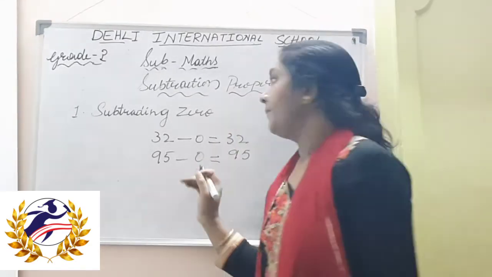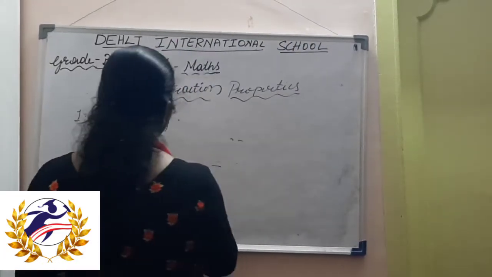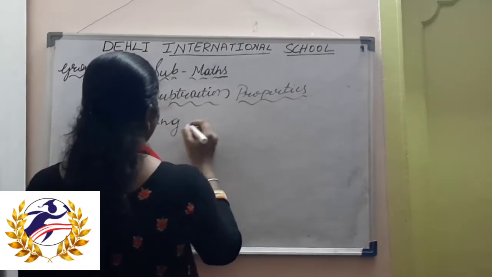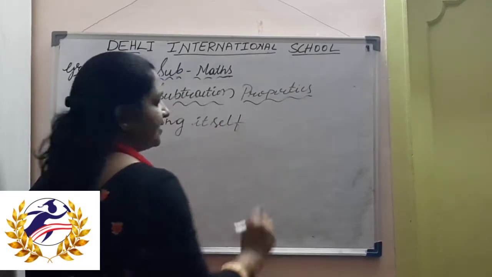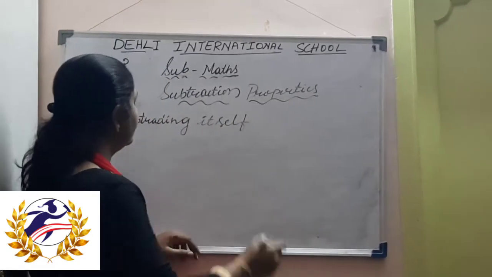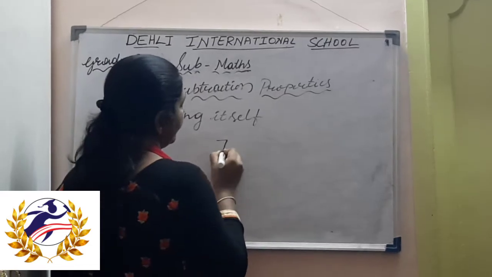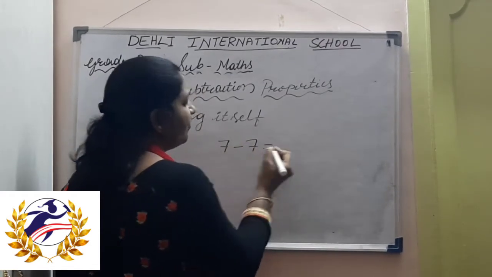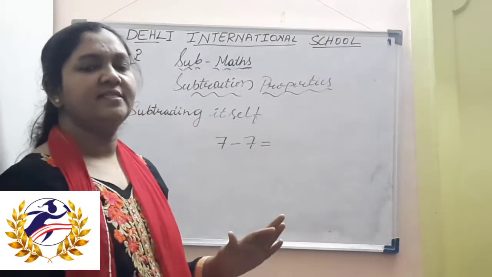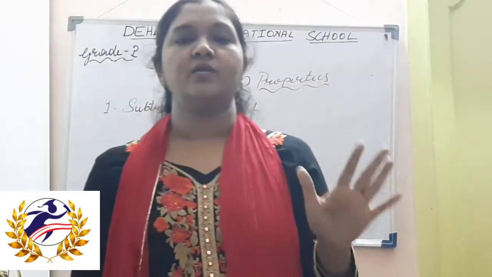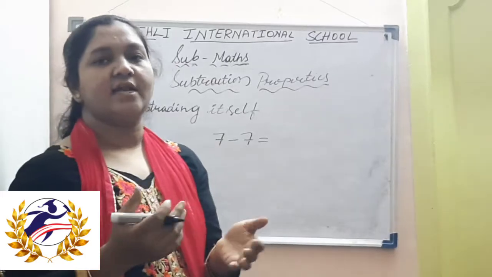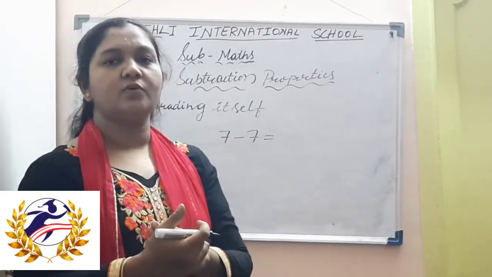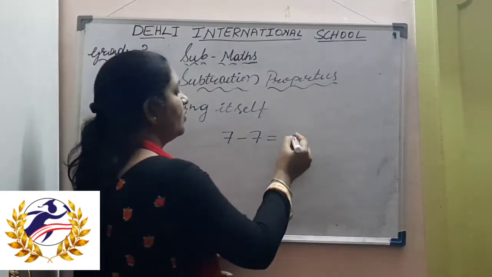Next is subtracting the number itself. For example, if we have to subtract 7 from 7, what will be the answer? If you are having 7 balloons and you give all 7 balloons to your sister, how many balloons are left with you? There is 0.